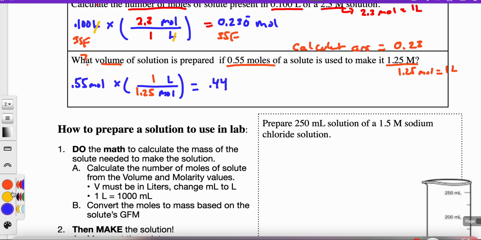That's 2 sig figs: my measurement starts off with 2 sig figs, and my calculator naturally gave me 2 sig figs, so I don't have to think about adding a trailing zero. Unit-wise, moles times liters divided by moles, the moles reduce, and I'm left with just liters. So my final answer is 0.44 liters.